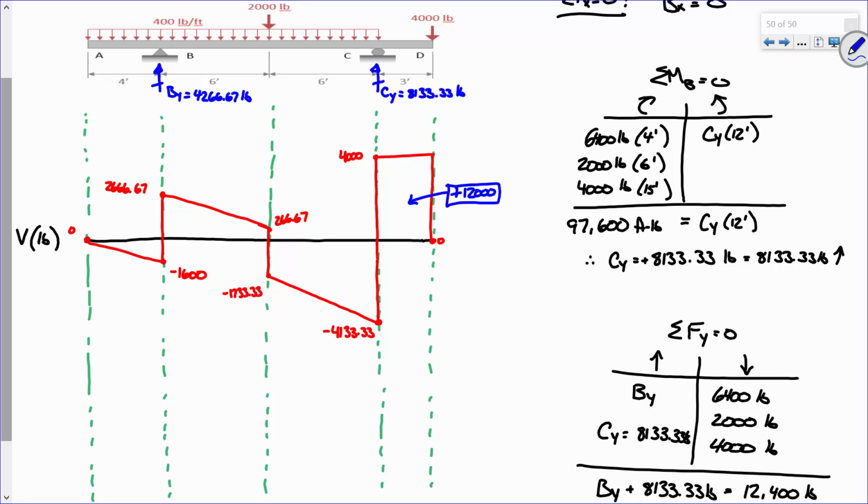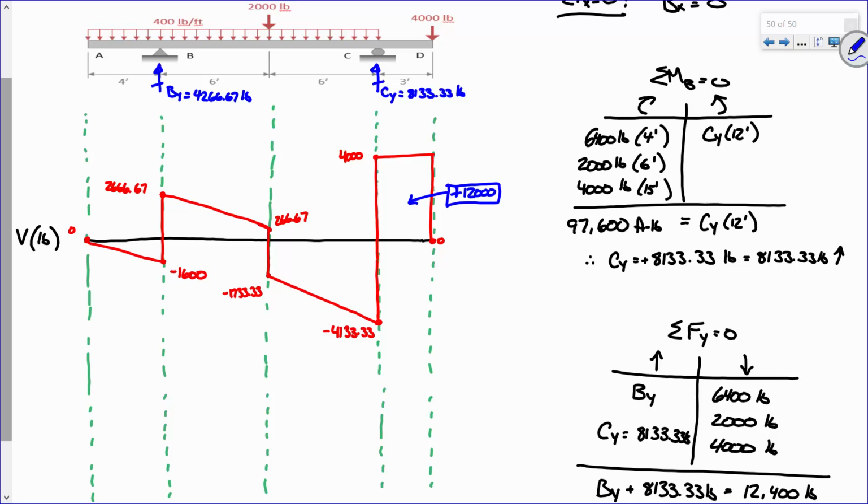Okay. Let's start off with another simple one. What about this one? How do we calculate the area right here? 1/2 base times height. What is the width? No, I'm talking about from here to here. 4. And this is 1,600, or negative 1,600.